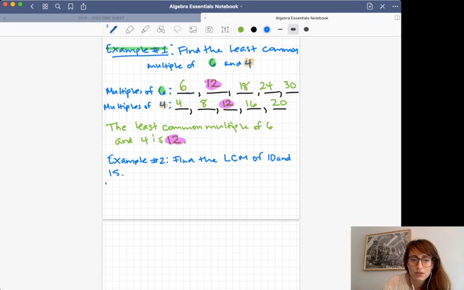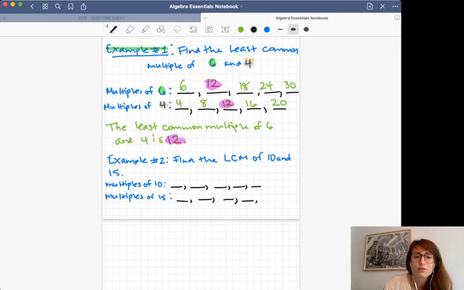So I'm going to do the same thing. I'm going to list the multiples of 10 and I'm going to list the multiples of 15, and I'm just going to start with 5 multiples. So 1, 2, 3, 4, 5. 1, 2, 3, 4, 5.